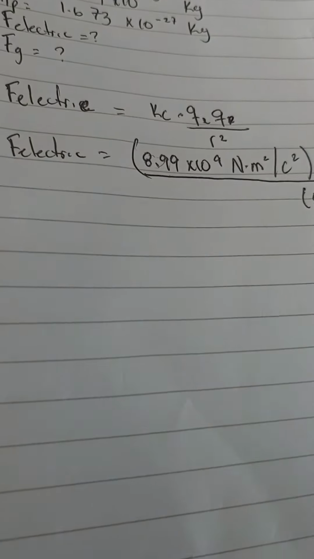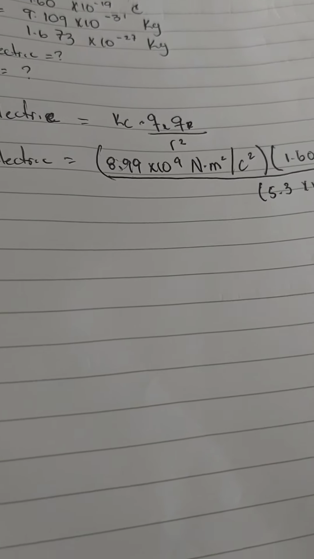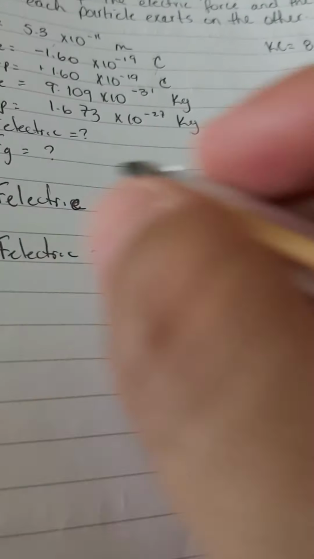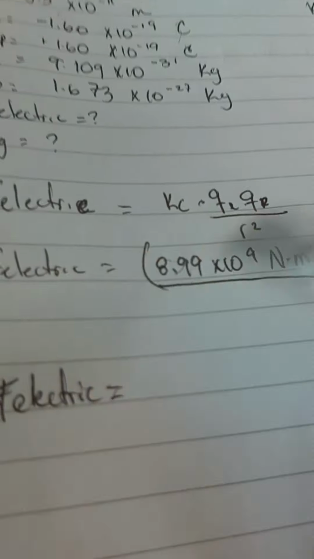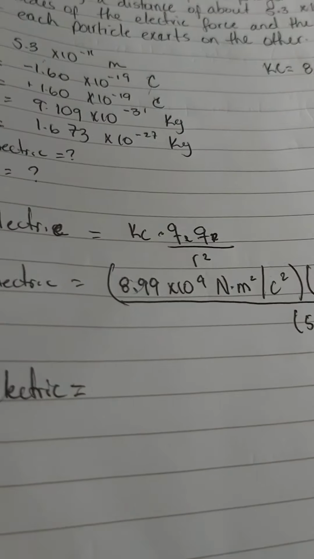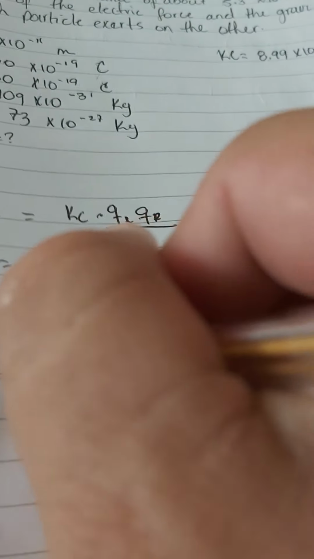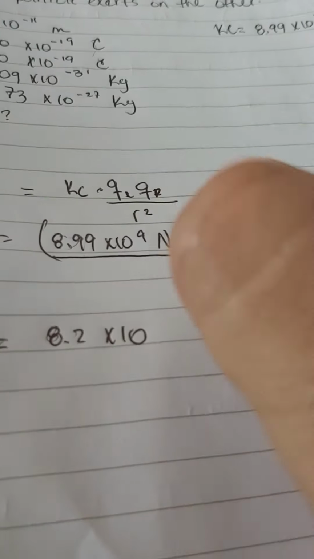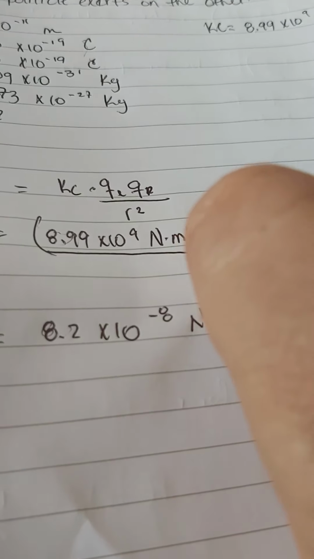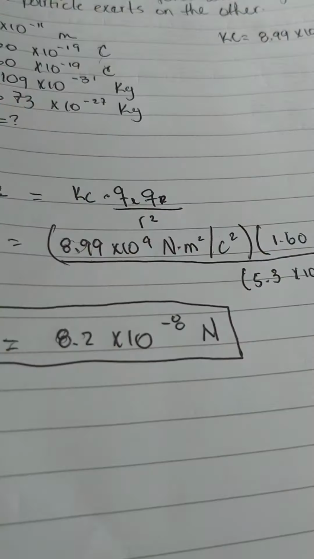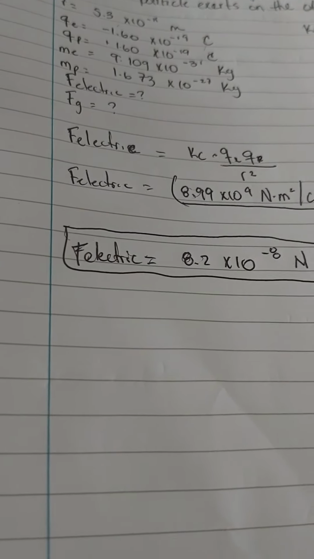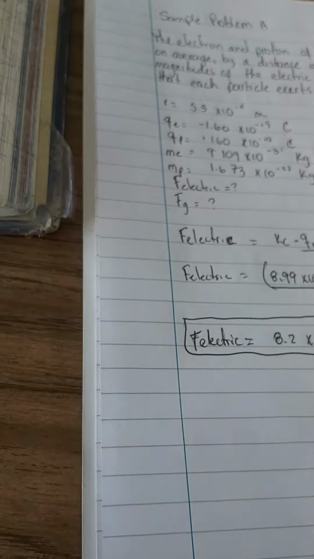So our electric force will be just in newtons. Now once we multiply, we get that the electric force will be equal to 8.2 times 10 to the negative 8 newtons. Okay, that will be our electric force.